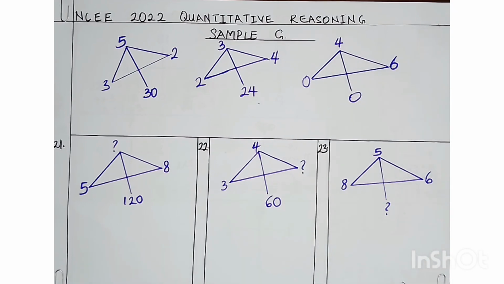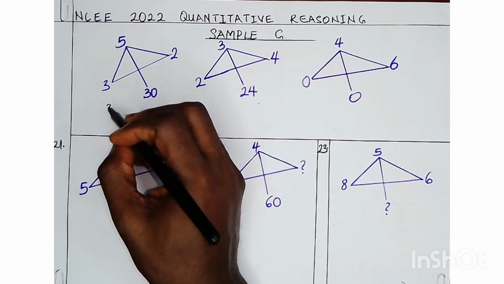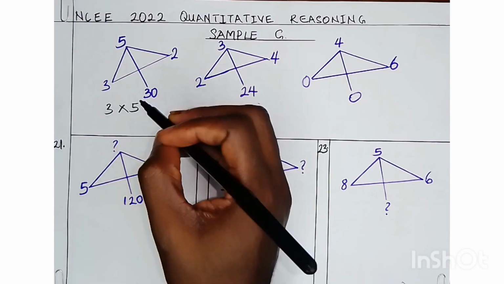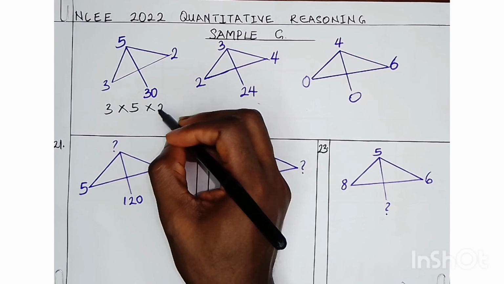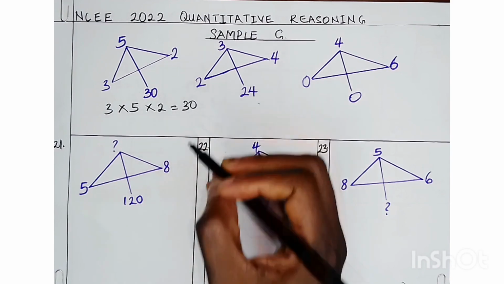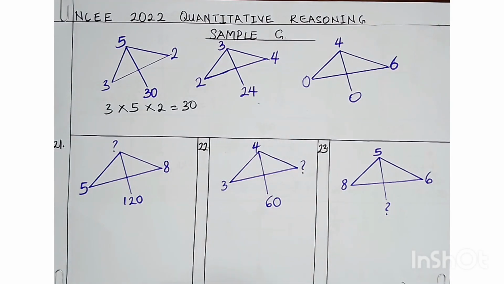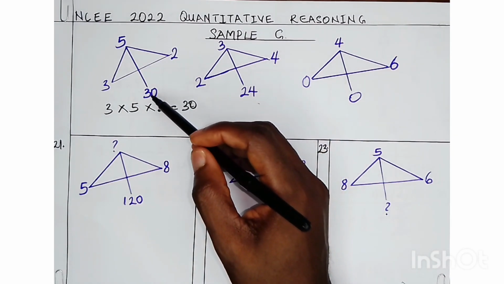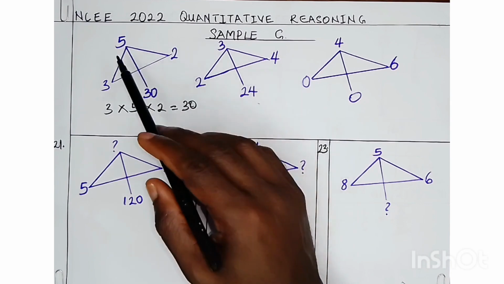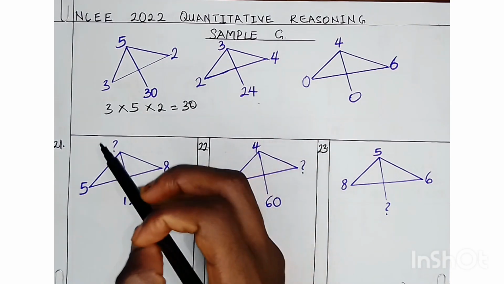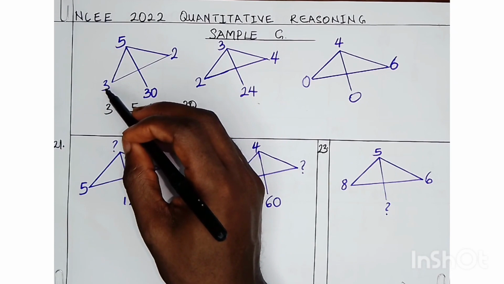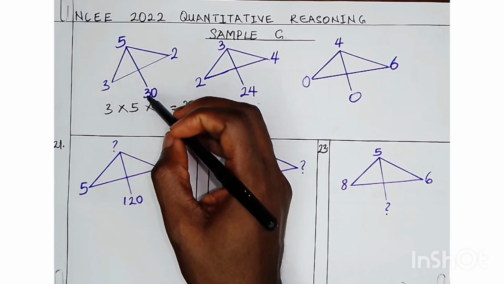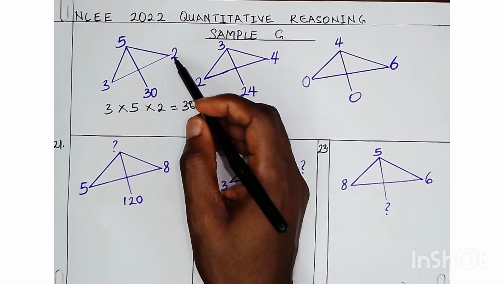So let's analyze with the first one. Here we have 3 times 5 times 2 equals 30. So simple multiplication, and we have our answer. So to get the component, we'll divide this by the 2 that would be given. If we're looking for 3, we divide 30 by 5 times 2.